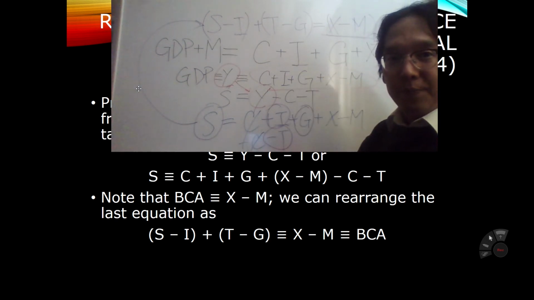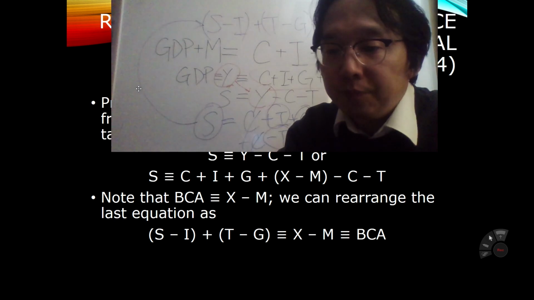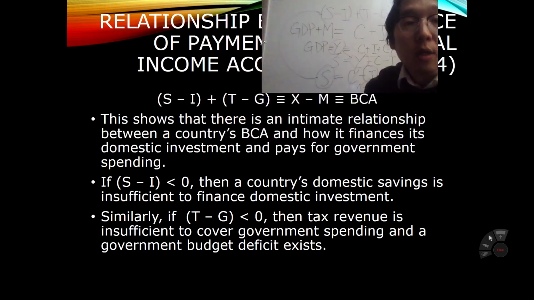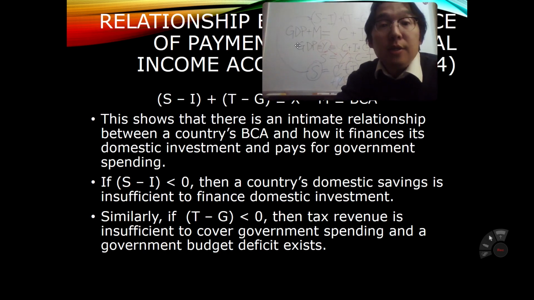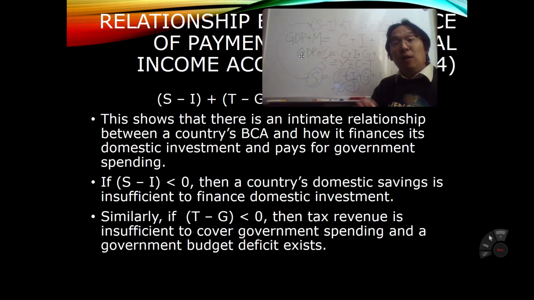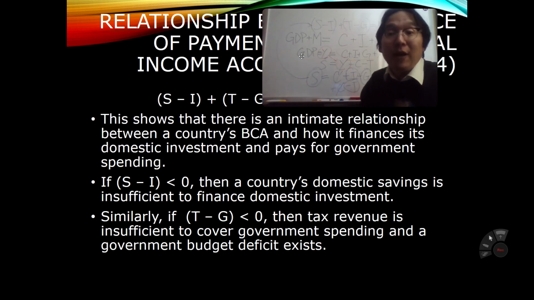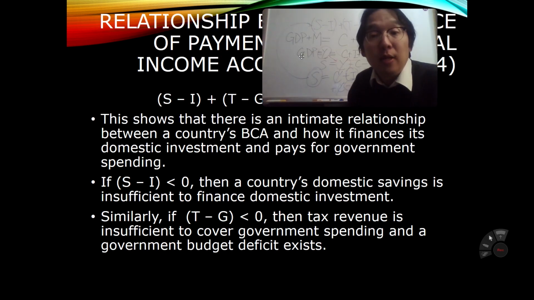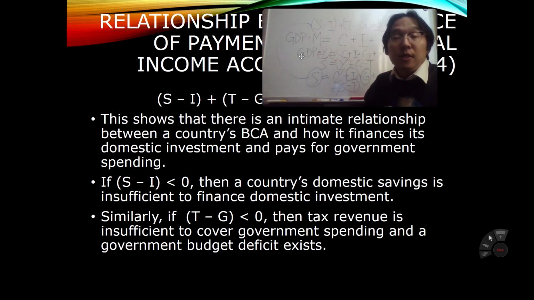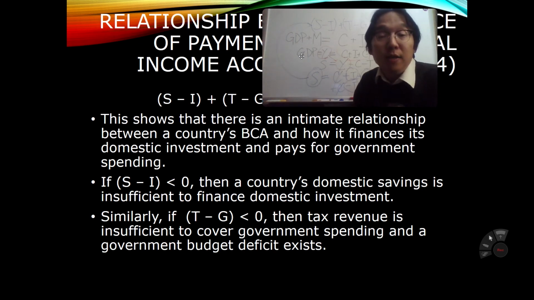Now, this shows that there is an intimate relationship between a country's balance of current account and how it finances its domestic investment and pays for government spending. If the savings is smaller than investment, then a country's domestic savings is insufficient to finance domestic investment, right?